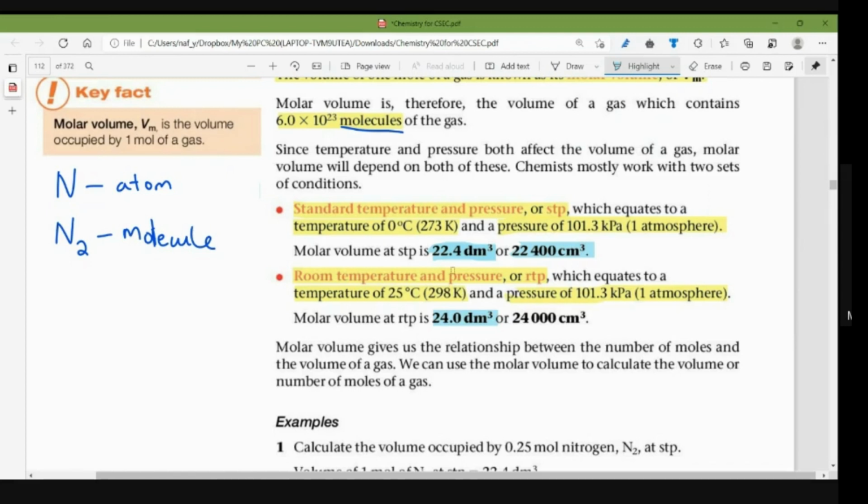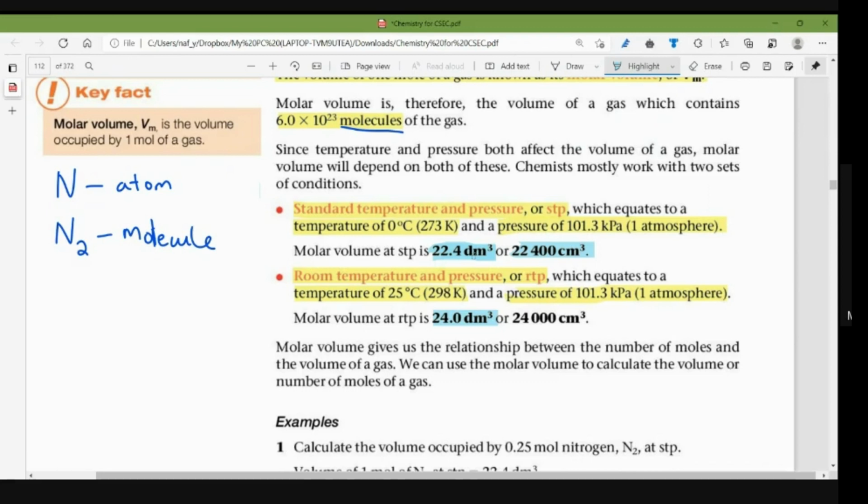All right. So 1 mole of any gas at STP occupies a volume of 22.4 dm cube. So 6 times 10 to the 23rd particles of a gas, if I put it under the conditions of 0 degrees Celsius and 1 atmosphere, I should get an exact volume of 22.4 dm cube.